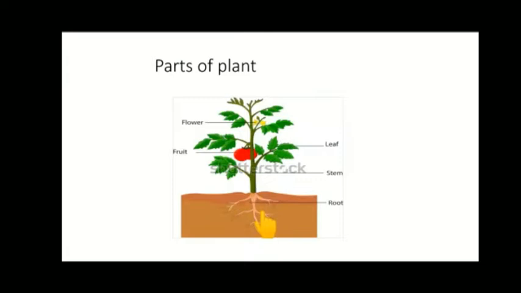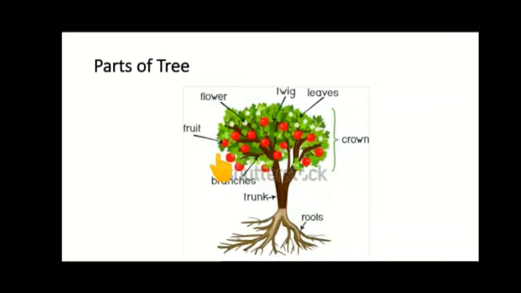The main part above the ground is the stem. Based on the stem, some parts are there: leaf, flowers, fruits. Now, parts of a tree.